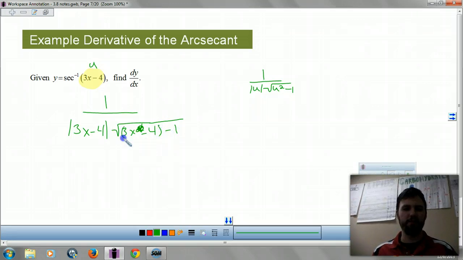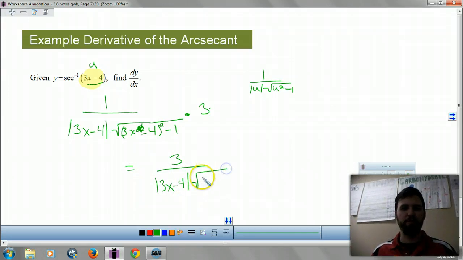This whole thing is squared because it's our u. And then we times it by the derivative of my inside, which is the derivative of 3x minus 4, which is 3. So it's actually 3 over absolute value of 3x minus 4 times square root of 3x minus 4 squared minus 1.